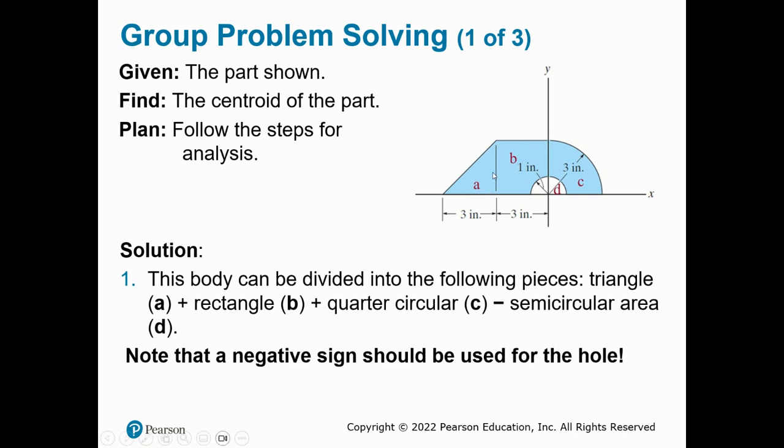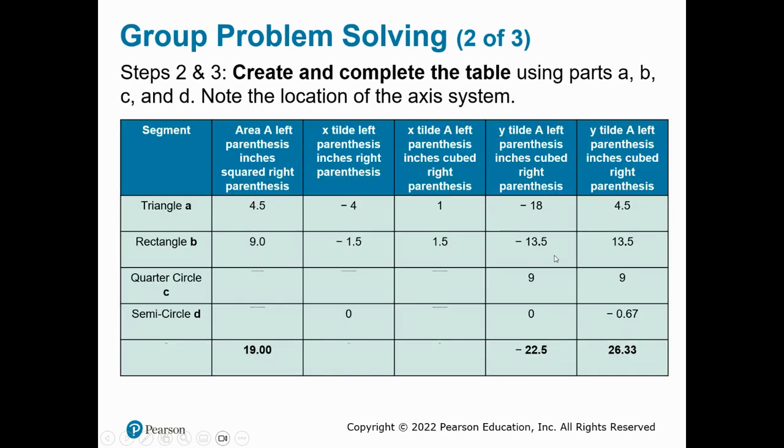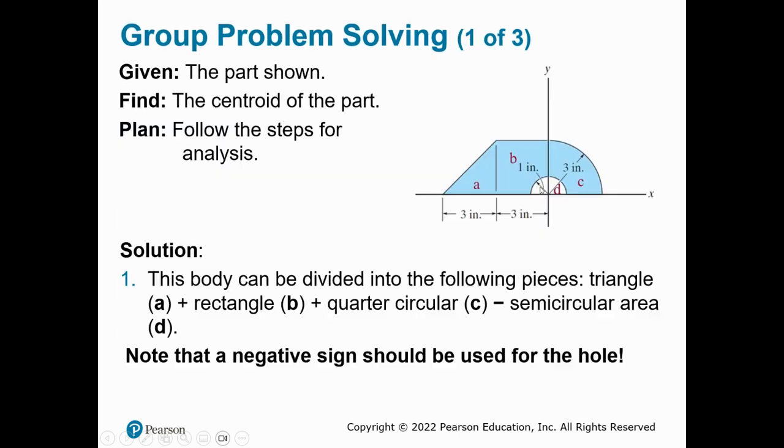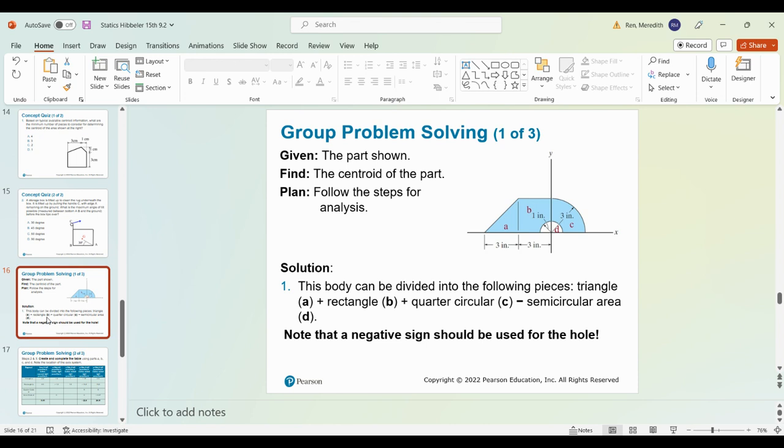Part A is going to be a triangle, part B is going to be a square, part C is going to be a quarter of a circle, and part D is a semicircle, and part D is a hole that we're going to subtract. So overall, our body is going to be A plus B plus C, and then minus D.